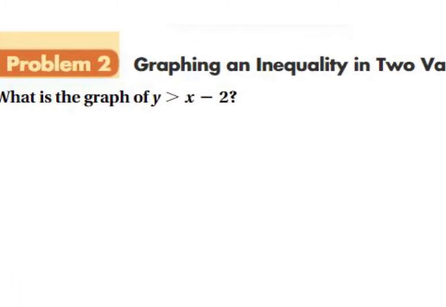If you have a greater than or a less than symbol, I need you to write down that that's going to be a dotted line. If you have a greater than or equal to or a less than or equal to symbol, that's going to be a solid line.